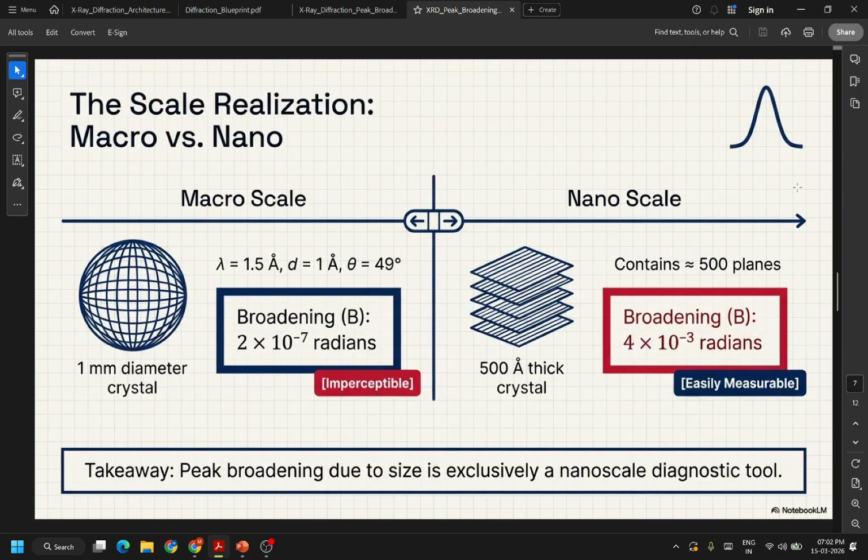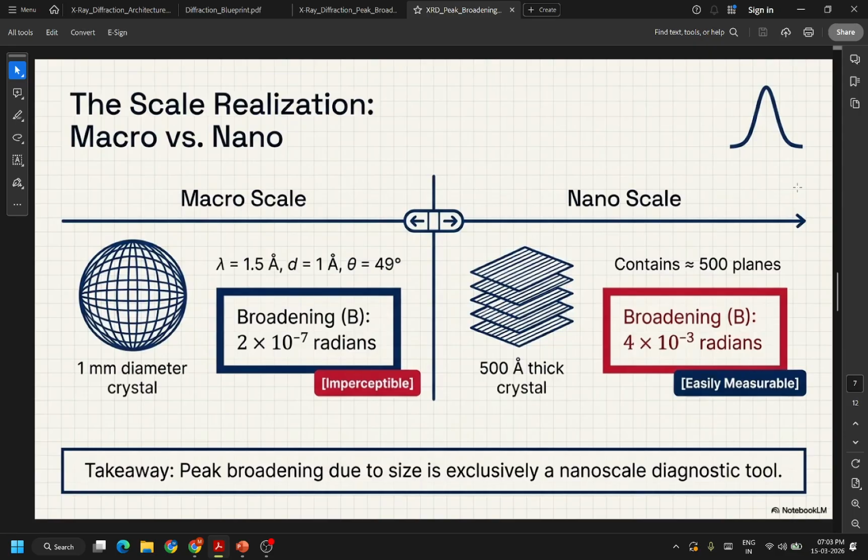But if you have a 500 angstrom thick crystal, since d is 1 angstrom, it contains 500 planes. Now if you calculate B for the same values of lambda, d and theta, you will get 4 times 10 to the power minus 3 radians, which is easily measured by an X-ray detector.